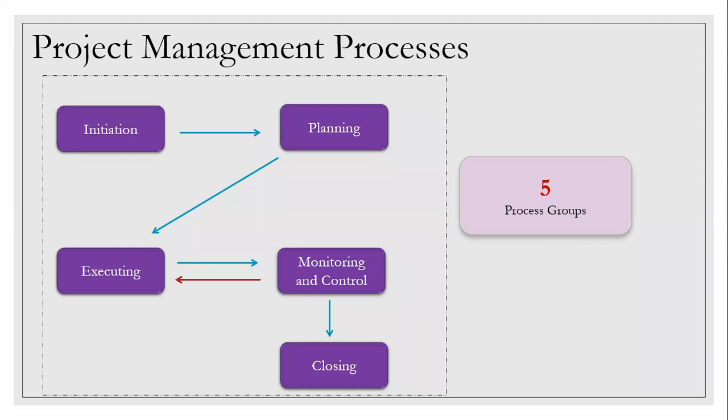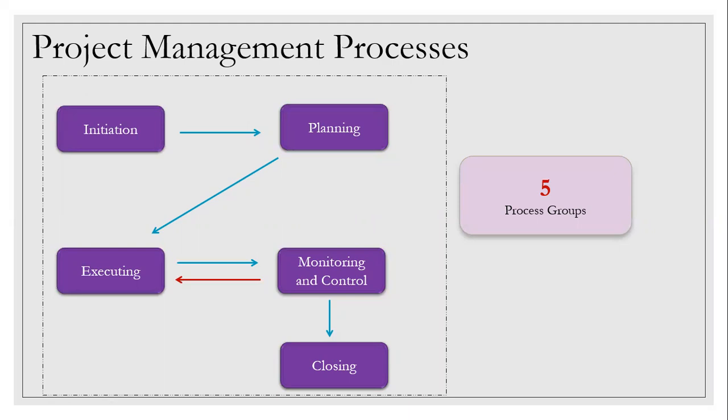Okay. And if I talk about it further, then I will say the entire box which you are seeing, that dotted box in which we have the initiation, planning, executing, and all the steps being covered, that big box can be thought of as the monitoring and control. So monitoring and control will encompass the entire 5 process groups.